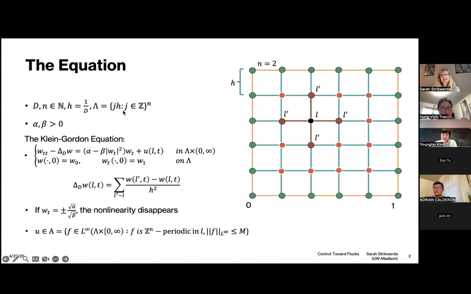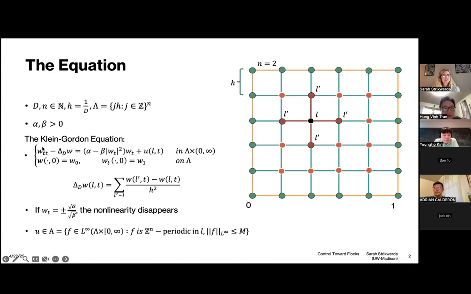And this is in the picture just when n is equal to 2, but we could do other dimensions as well. And so then really our domain is just this lambda, which gives us all of those points on the grid. And so then we're going to assume that alpha and beta are greater than 0, and then we'll be looking at this discrete Klein-Gordon equation.